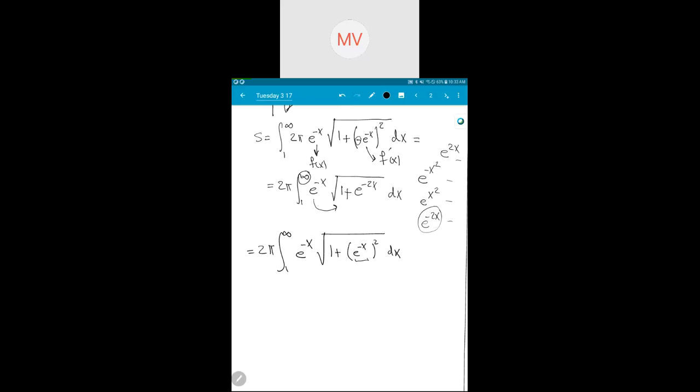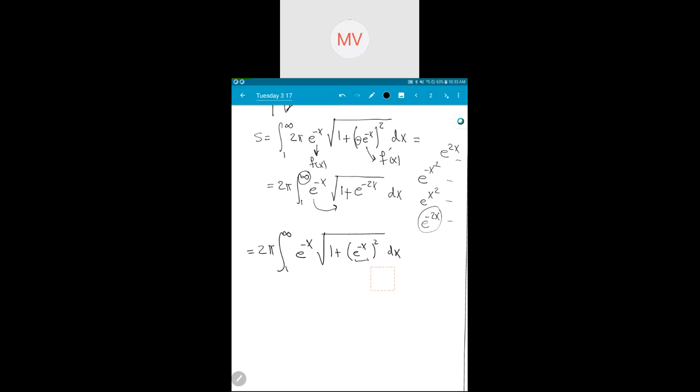Stuff in the root, if you let that be u, e to the negative 2x, if you take the derivative of that, you're going to have negative e to the negative 2x dx. So you still need a copy of e to the negative 2x somewhere, but you only have one power of e to the negative 2x in e to the negative x, right?